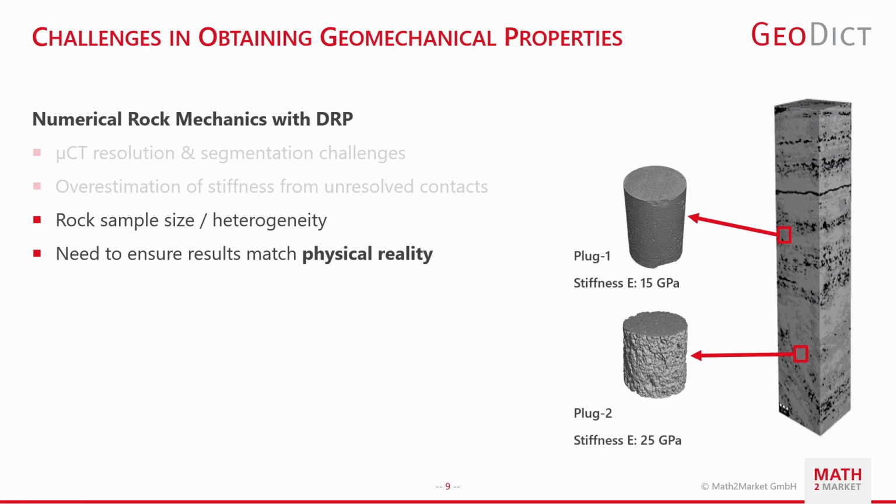For example, what I mentioned earlier, when you have a resolution that doesn't properly capture all the micropores in your sample, then you need to make sure that those micropores in a way affect the stiffness, and the stiffness of the mineral should be lower. So there is still some calibration for the digital rocks, which then can be used in the future for predictive purposes.